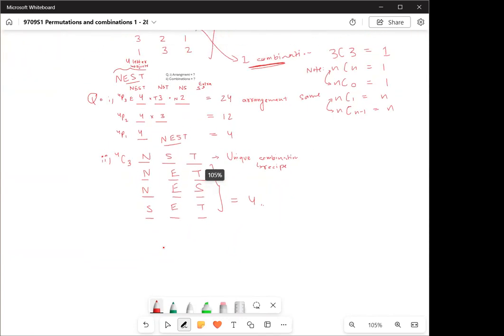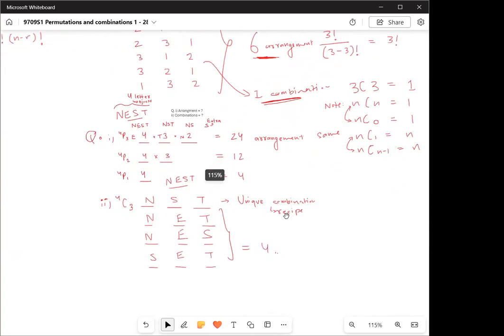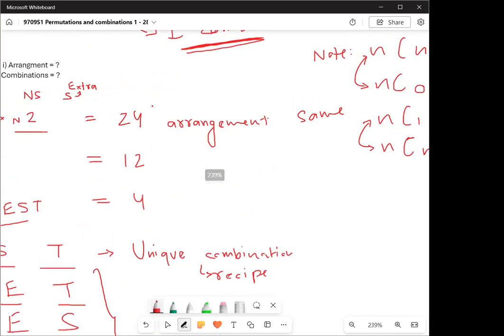Okay, so far it makes sense, right? What is combination? It's like a recipe, unique combination and arrangement, unique placement. Basically like a cooking recipe. This is your presentation of the food.